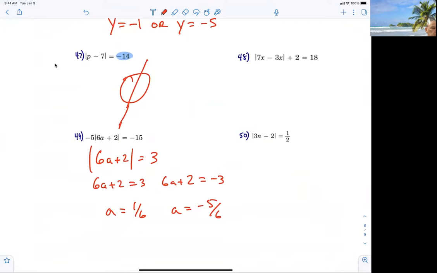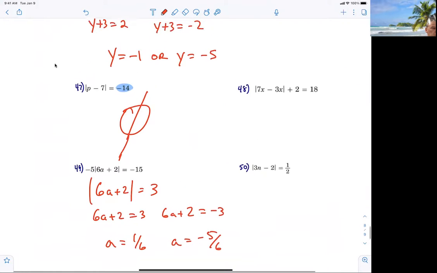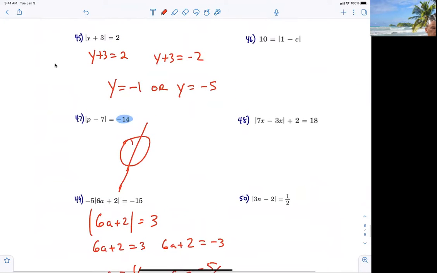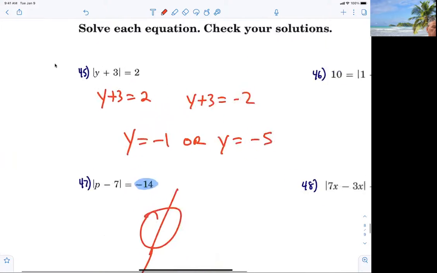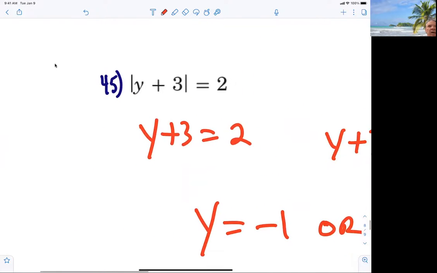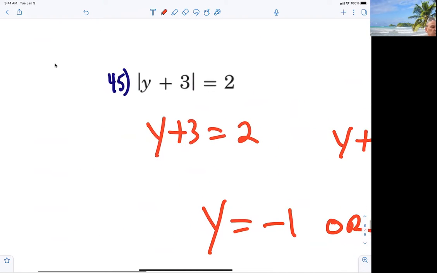Well, what about like 45? Because what I really want is like, you have y plus 3 equals 2 or y plus 3 equals negative 2. Okay, so Harris, look up. Everyone else look up too. Just to make sure, because I've always tried to show kids why that's the case. Harris, what is the absolute value of 2? 2.